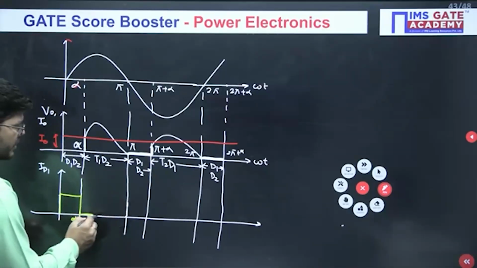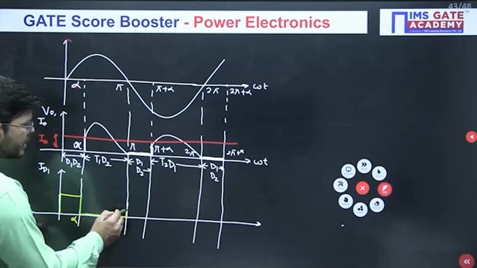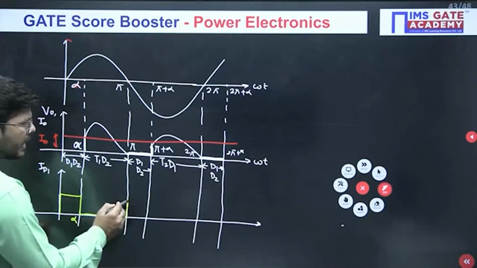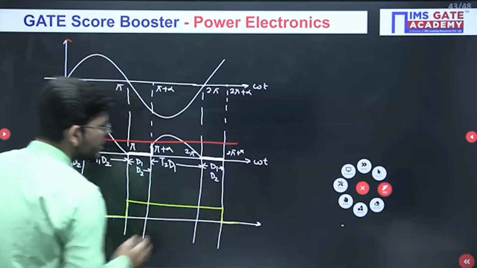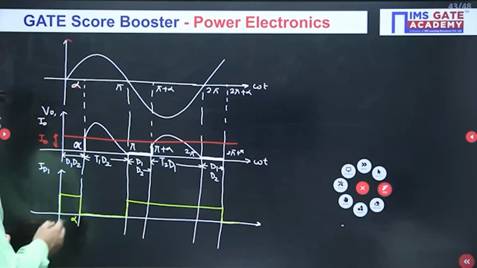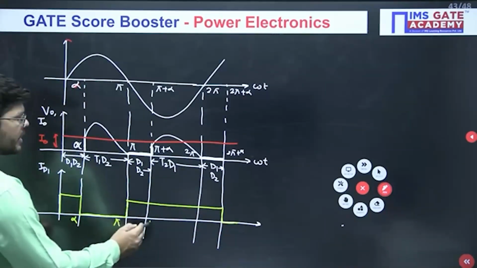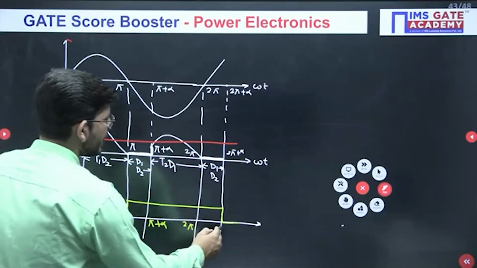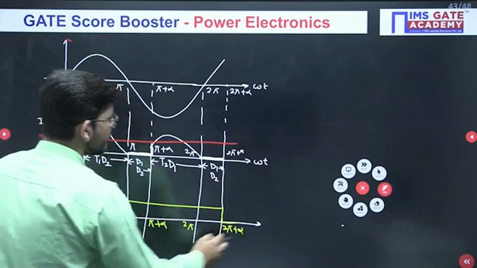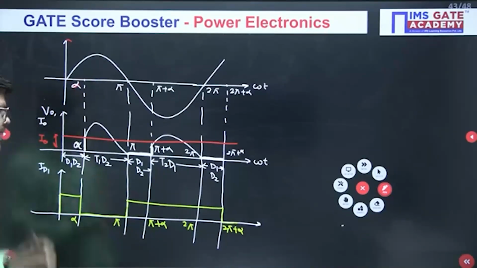After that D1 is not conducting, so we get zero current. Then D1 starts conducting from here, and it conducts up till this duration, and then again it will not be conducting. So just see, this is alpha, this is pi, this is pi plus alpha, this is 2 pi, and this is 2 pi plus alpha. This is what we are having here.